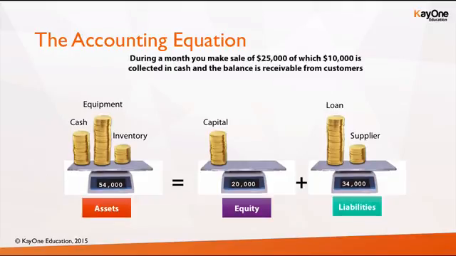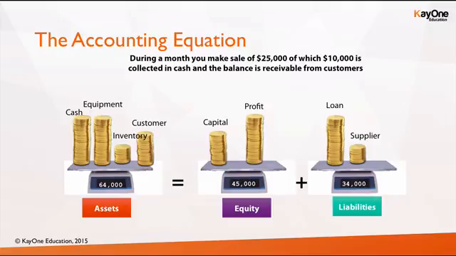Next, let's assume that during a month, you make a sale of $25,000, of which $10,000 is collected in cash and the balance is receivable from the customers. So you made a profit of $25,000, and that appears on the equity side, and therefore your total equity goes up from 20,000 to 45,000. Same way, on the asset side, since you've collected cash, your cash increases, and your assets go up from 54,000 to 64,000.